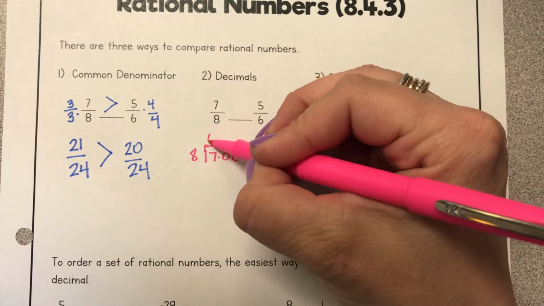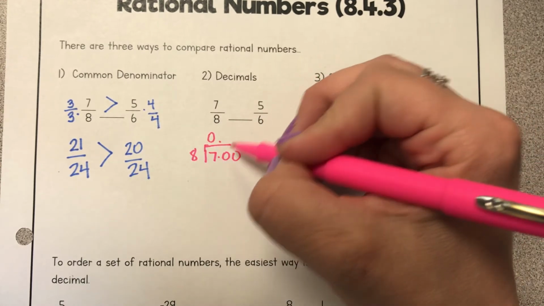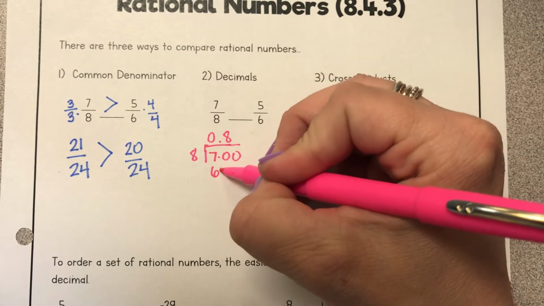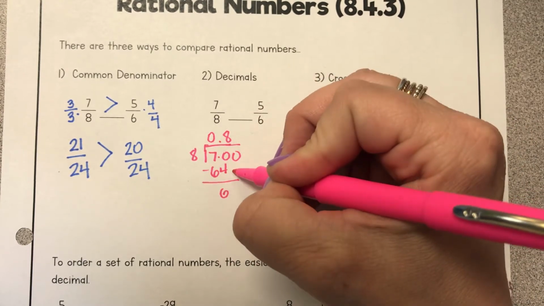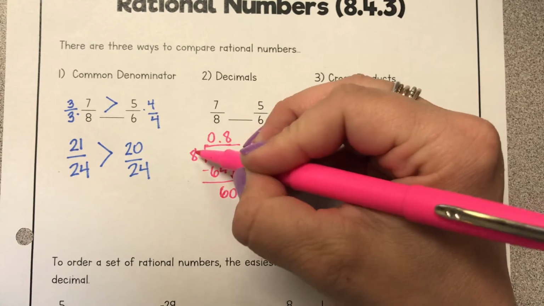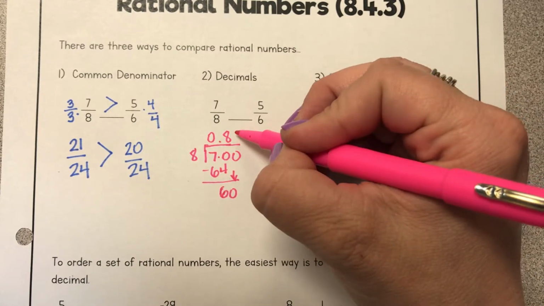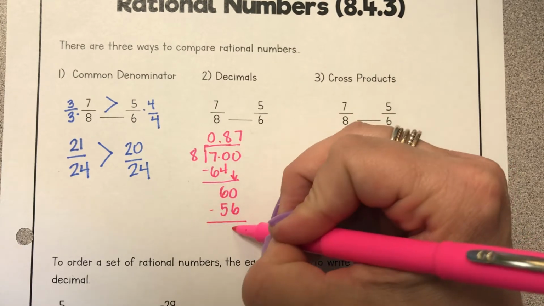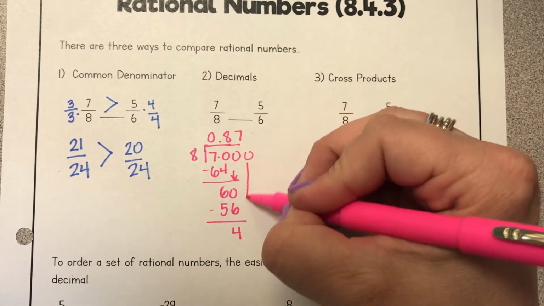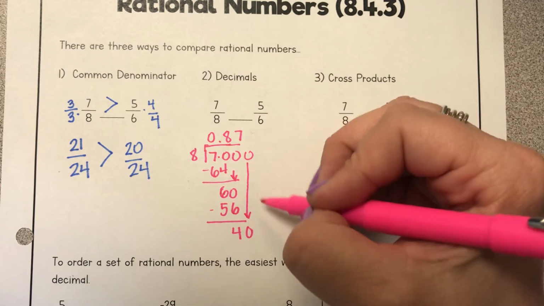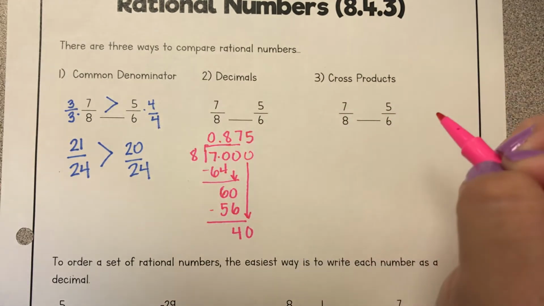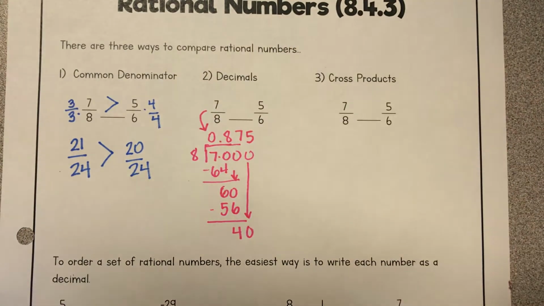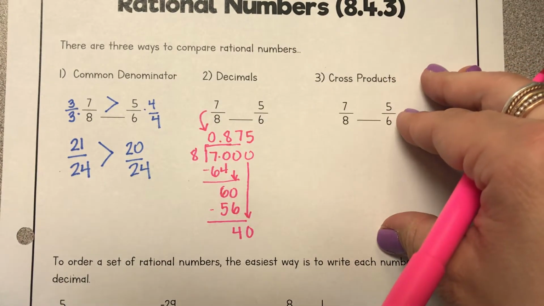So 8 goes into 7 0 times, 8 goes into 70 8 times. 8 times 8 is 64, subtract, 6, 0, 8 goes into 60 7 times, 7 times 8 is 56, 4, bring down our 0, 8 goes into 40 5 times. Okay, so when I take 7/8 and make it into a decimal, I get 0.875.